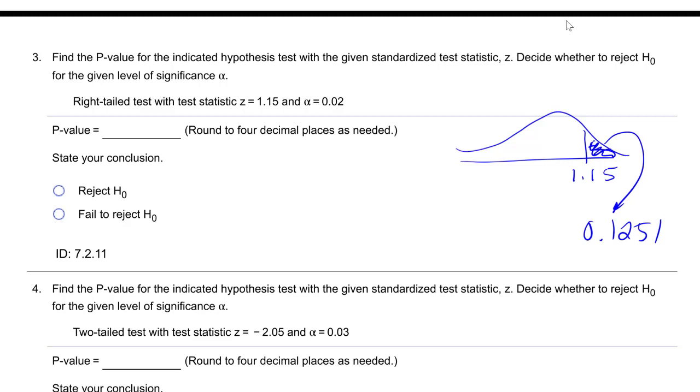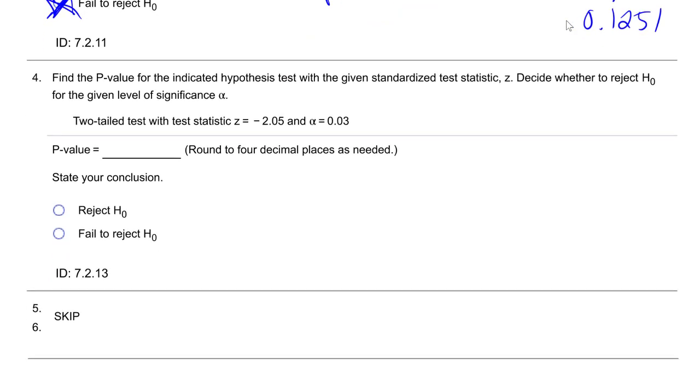That's my p-value. And how does 0.1251 compare to 0.02? Well, it's greater than that. So since our p is greater than alpha, we fail to reject H0.